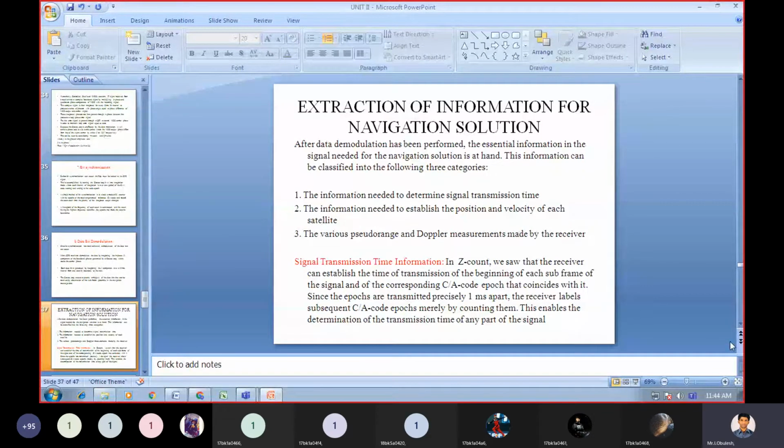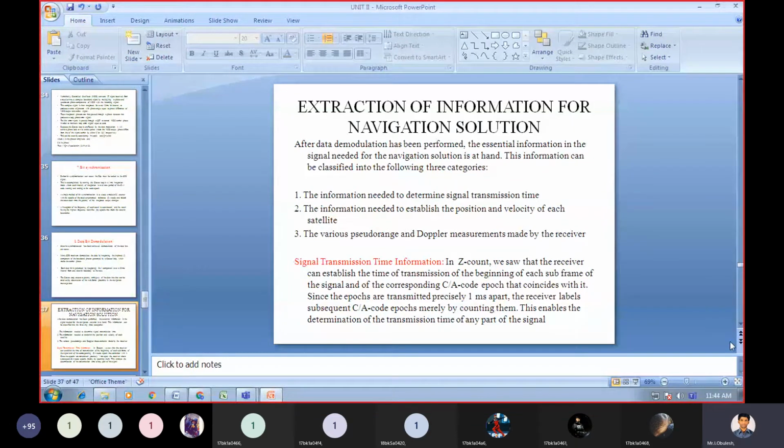You need to determine the signal transmission time first, then establish the velocity and position of each and every satellite, and then measure the pseudo range and Doppler measurements made by the receiver. These are the three categories for extraction of information.